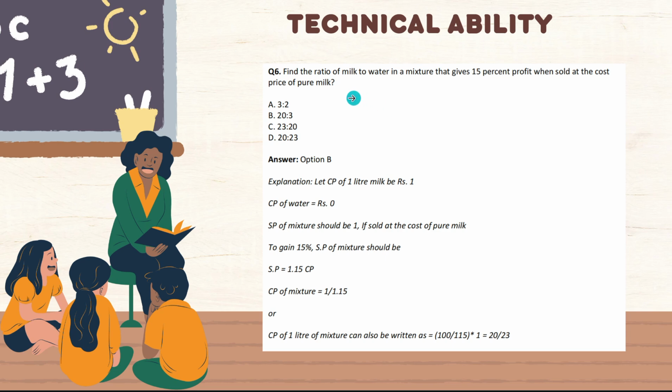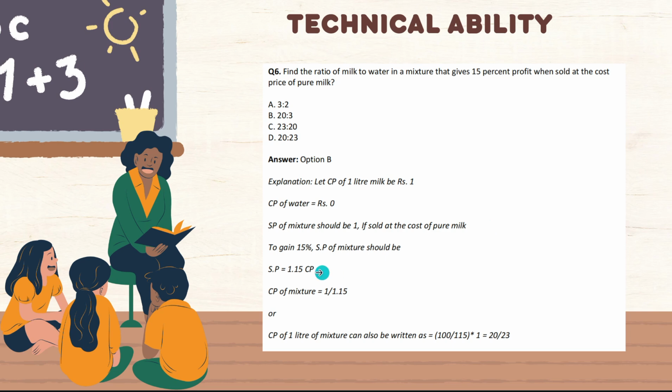What they have asked is to find the ratio of milk to water in a mixture. Let the cost price of 1 liter of milk be 1 rupee, and the cost price of water be 0. The selling price of the mixture should be 1, if sold at the cost of pure milk.